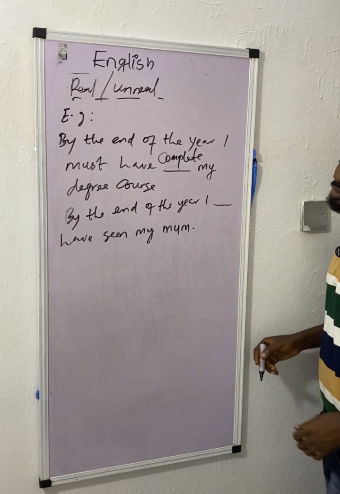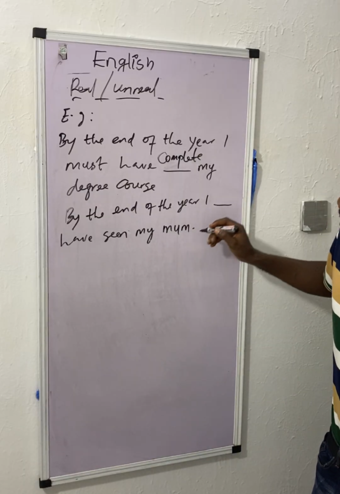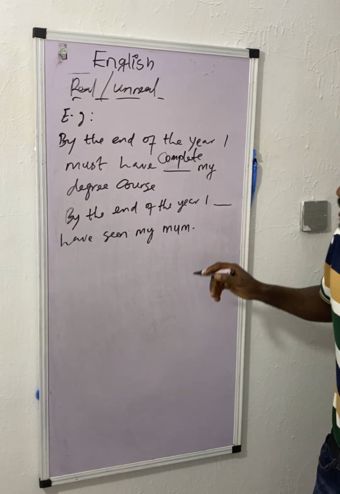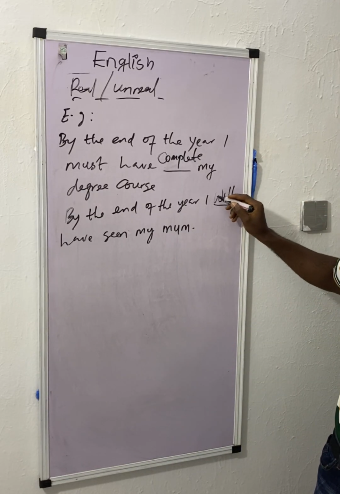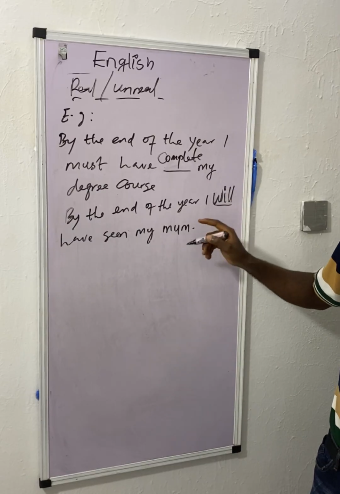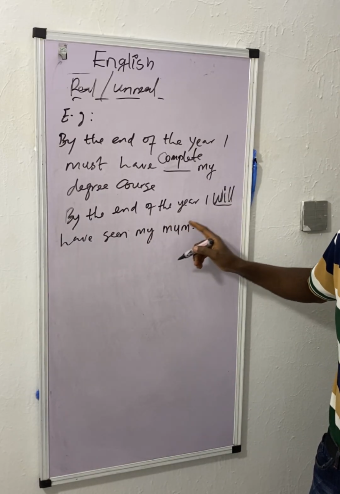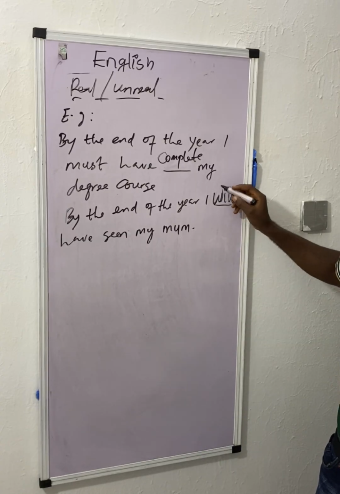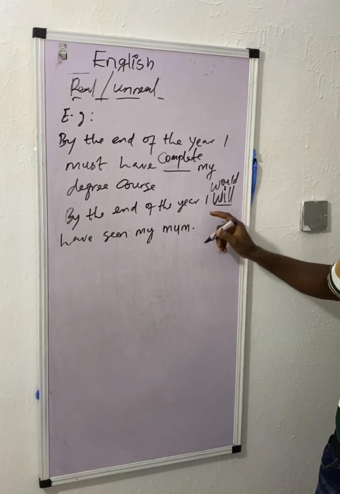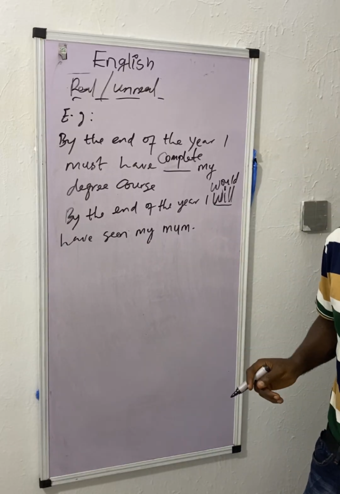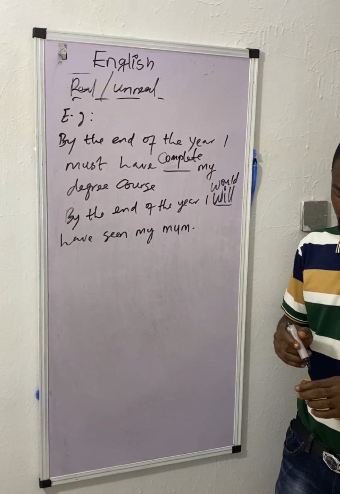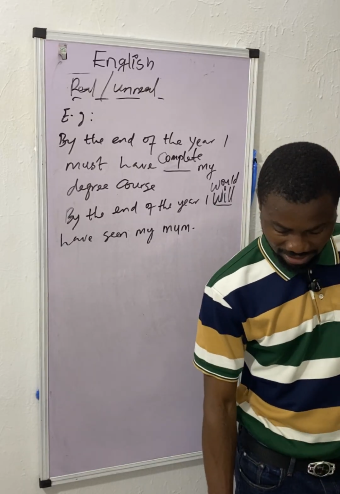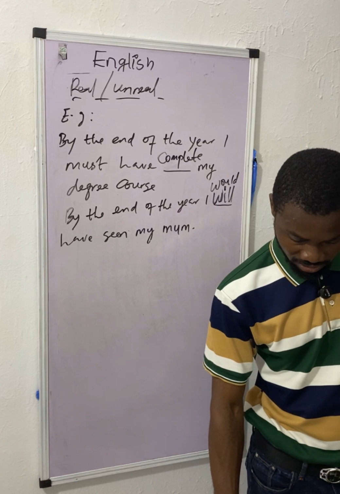So what does this mean? If we put a present tense here, if we put "will," it means that this person is sure that by the end of the year, he is going to see his mom, right? But if we use "would," it means that the fellow is unsure if by the end of the year he's going to see his mom. As easy as ABCD.